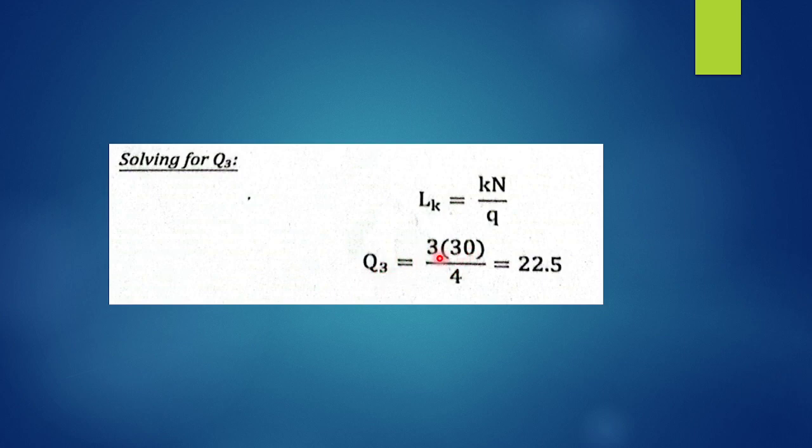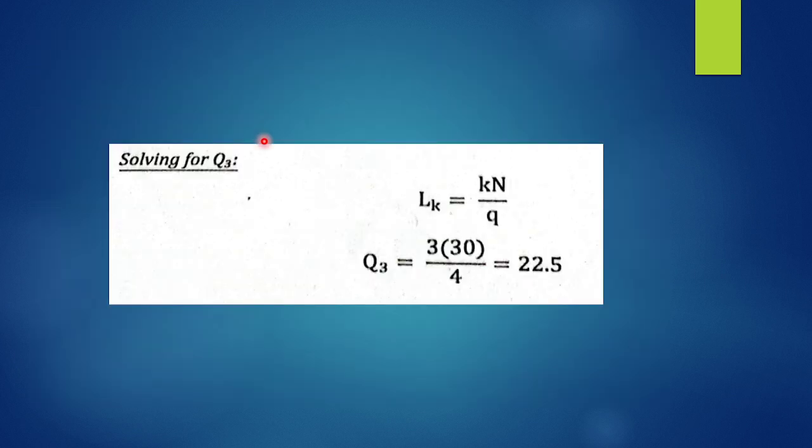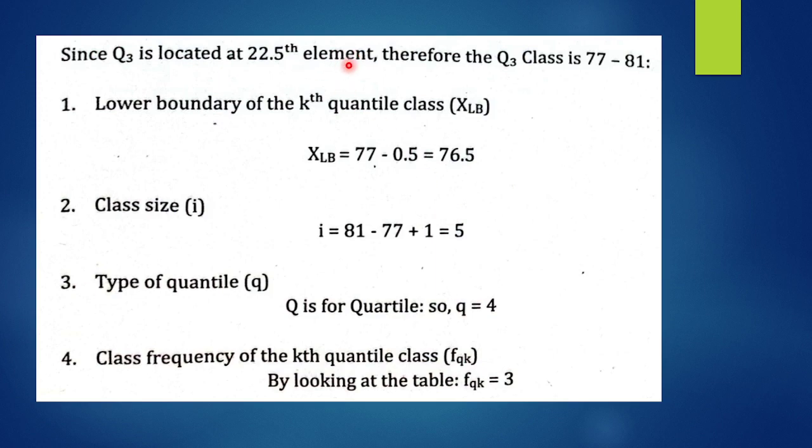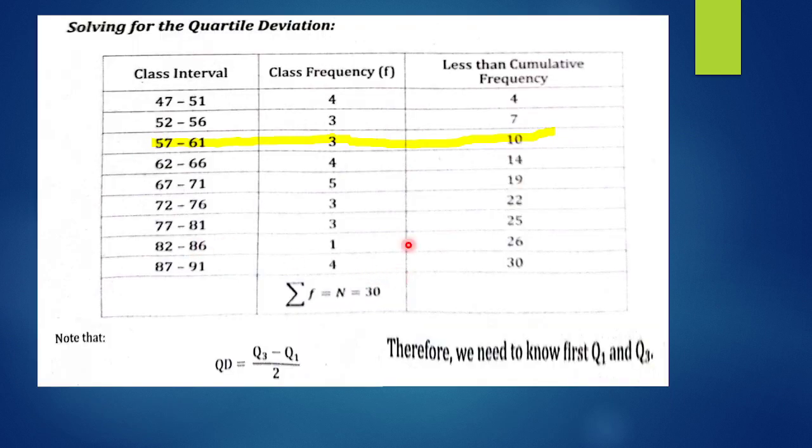So do the math, 90 divided by 4, that is 22.5. Okay, so we do have the Q3, 22.5. So same scenario with Q1. This is how we do it. Since Q3 is located at the 22.5 element, therefore the Q3 class is 77.1. So 22.5, let us check. So di pwede dire kay nilapas 9.5 dire.